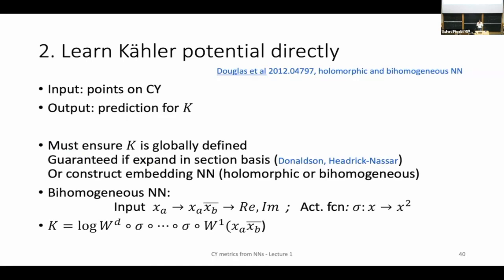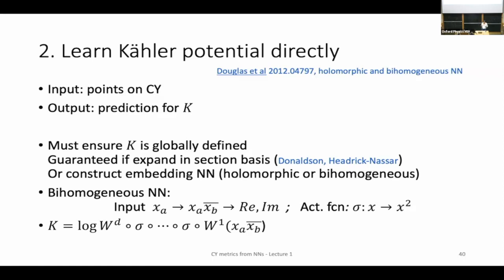There is a slight problem here. Just as for the Calabi-Yau metric, where we discussed that if you predict the metric, you need to check that it's globally defined, in principle you need to do the same also for the Kähler potential. Now, this is a function, so it's slightly simpler.